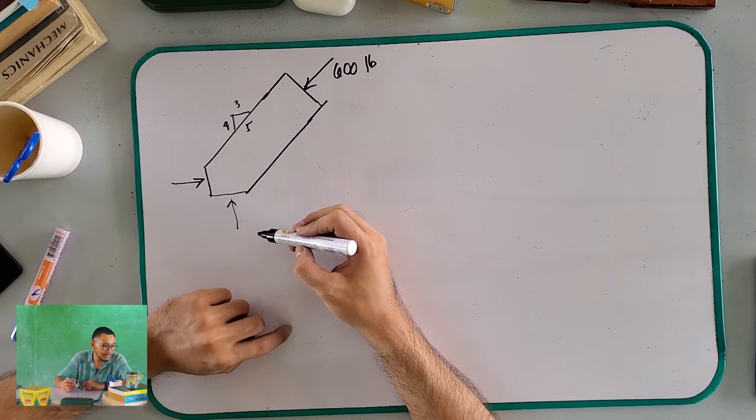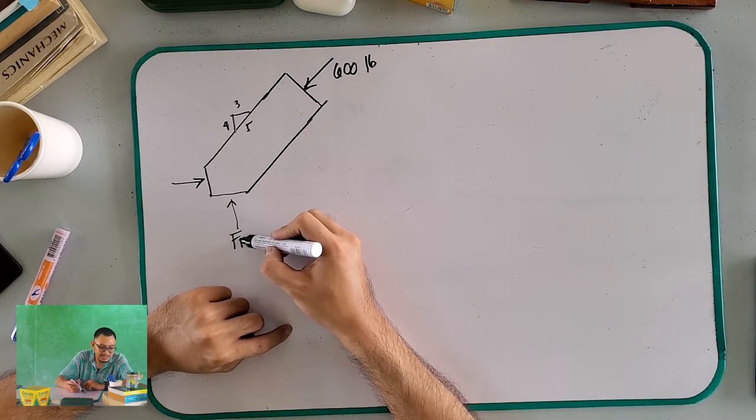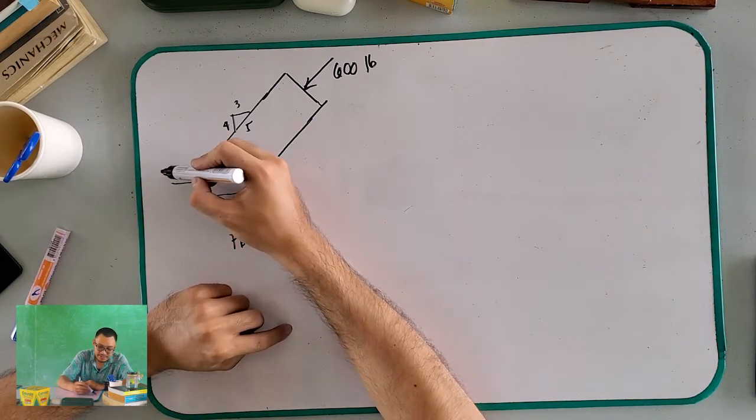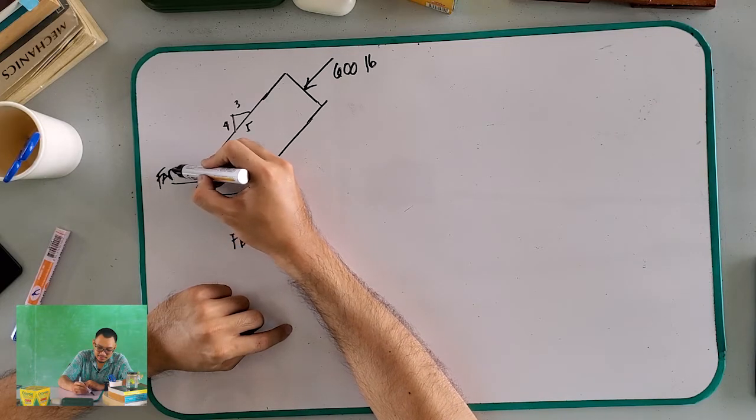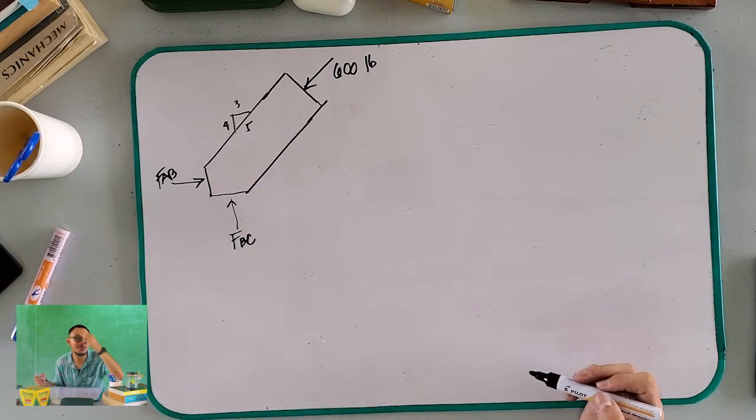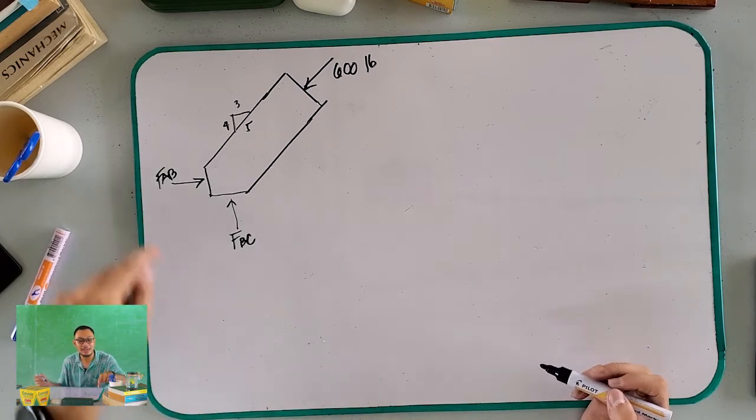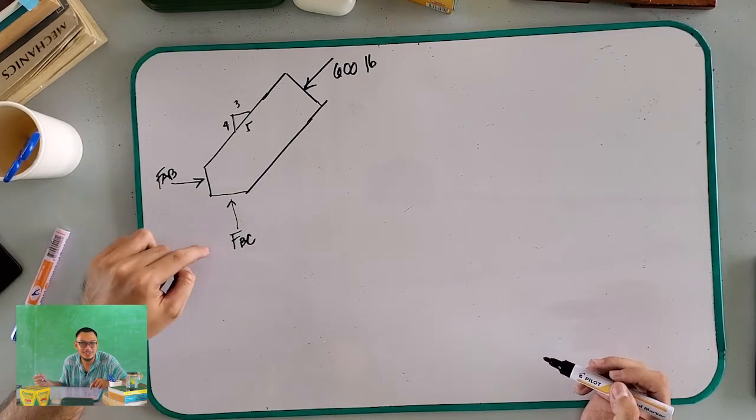Let's call these FBC and FAB. How can we determine these unknown forces?